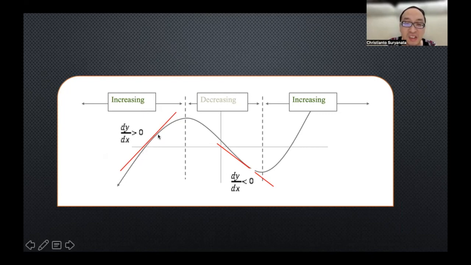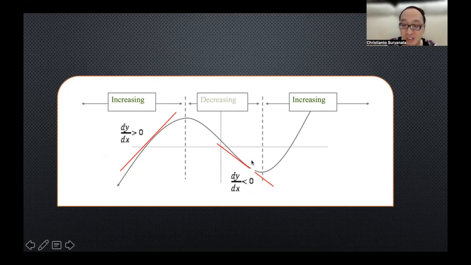When the graph is increasing, the gradient of the tangent is positive. So the first derivative, which is the gradient of the tangent, is greater than 0. That's an increasing function. For the decreasing function, if we draw the tangent line, it will have a negative value, so the first derivative is less than 0.